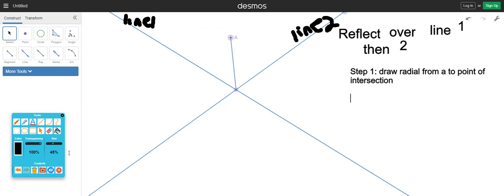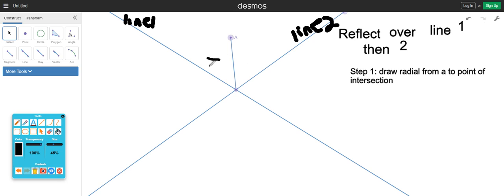So that's my first step. Okay. Next, I am going to literally draw in here the angle that I'm going to call these.